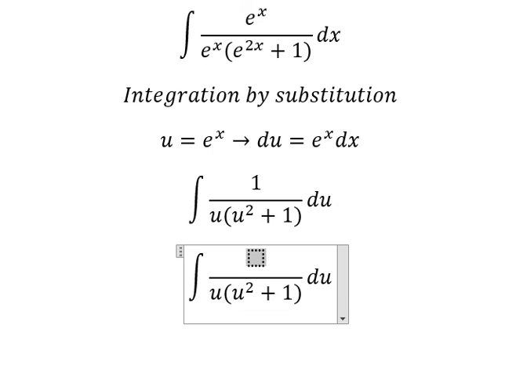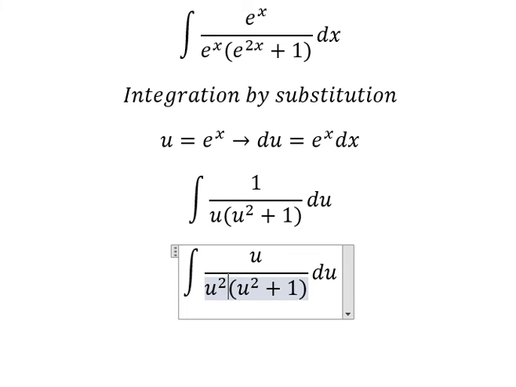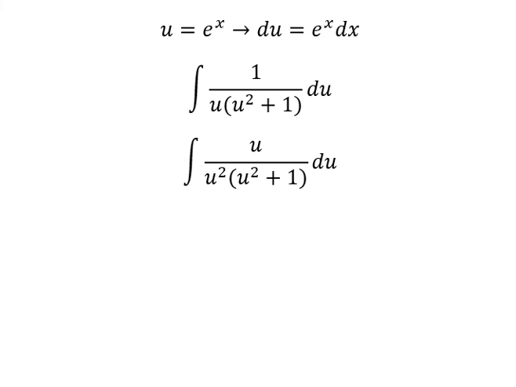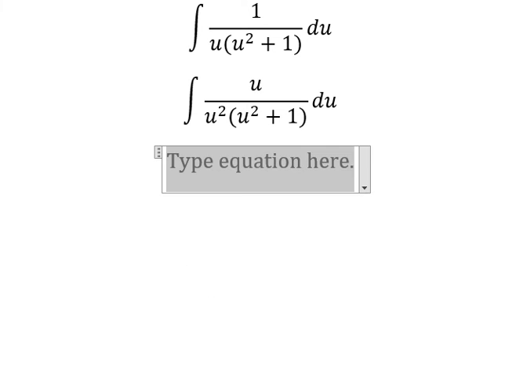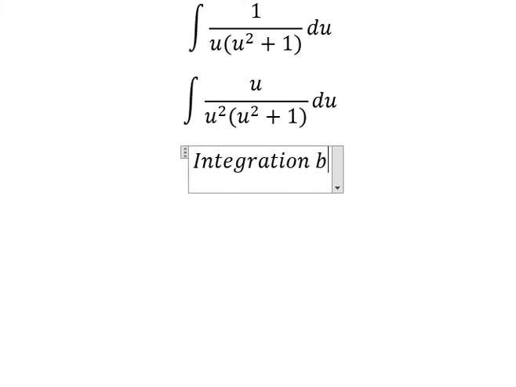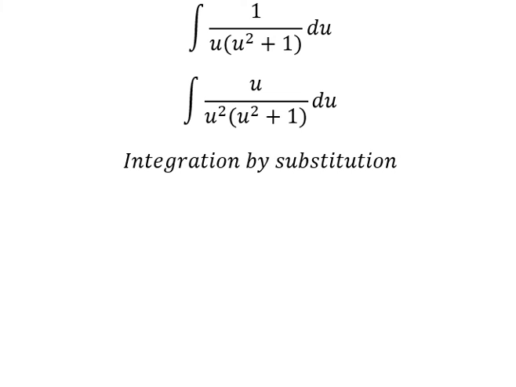Next, I will put u on numerator and denominator in here. So we multiply by u in here and here. So we can use integration by substitution. So I will put t equals to u square in here.